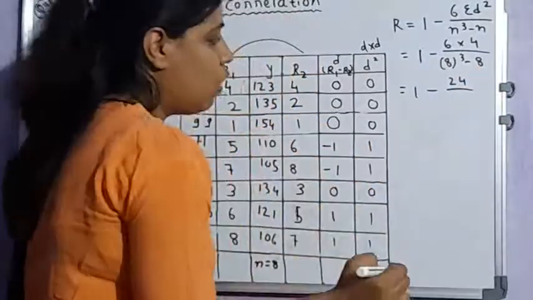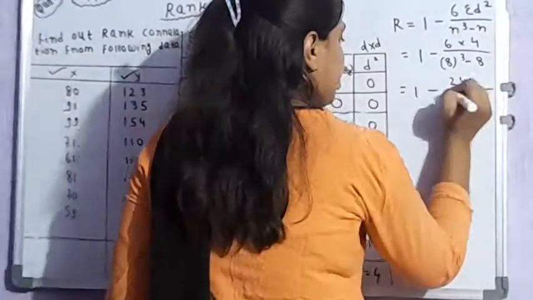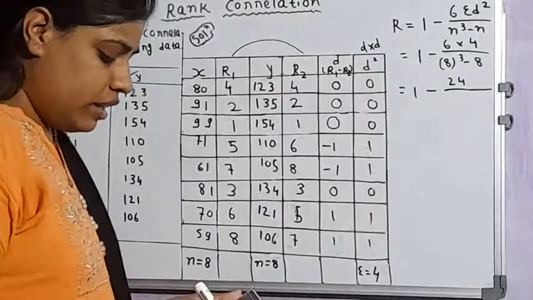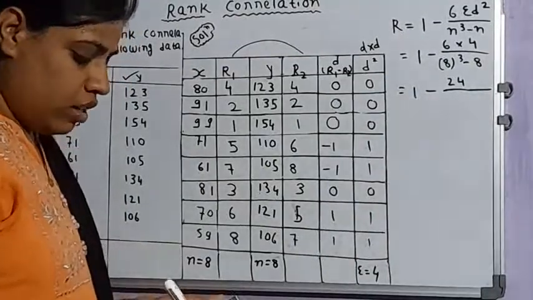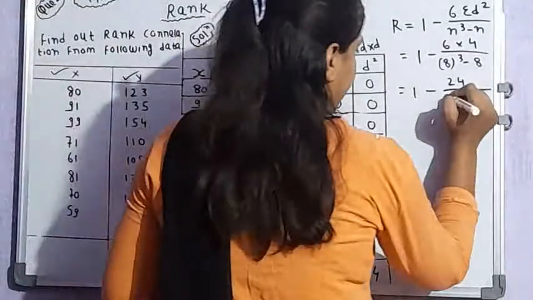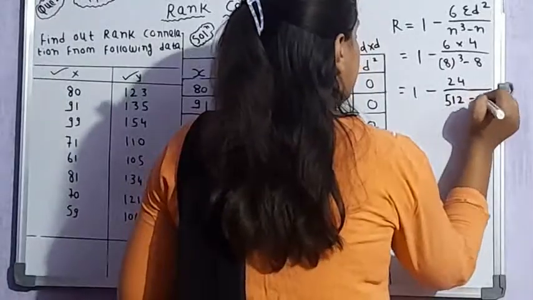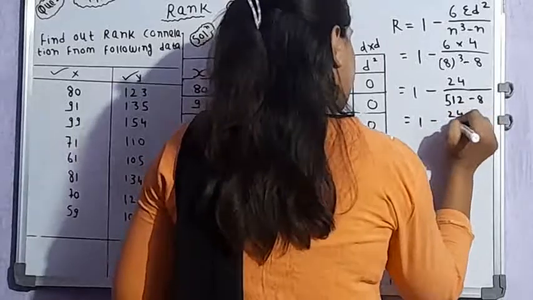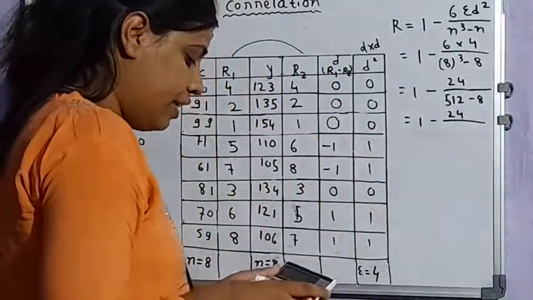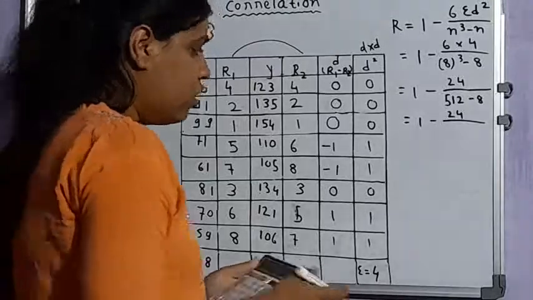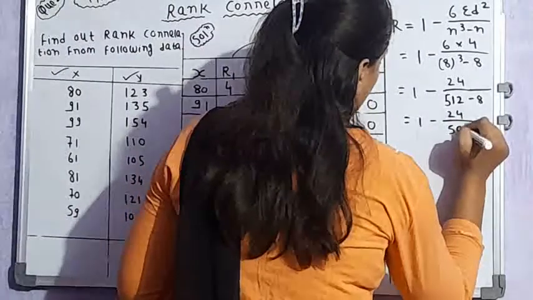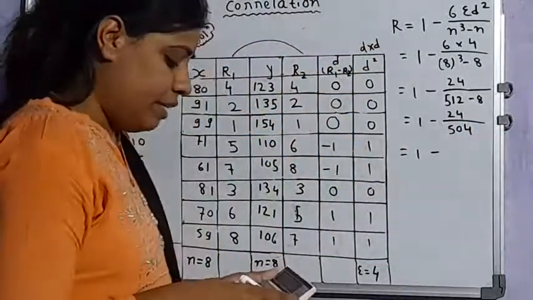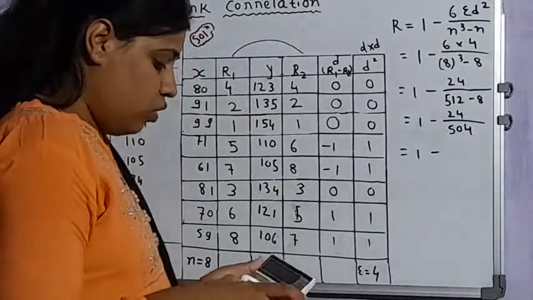Cube of 8: 8 into 8 into 8, which gives 512. Minus 8. Then 1 minus 24 divided by 512 minus 8, so we will get 504. Then again 1 minus 24 divided by 504.